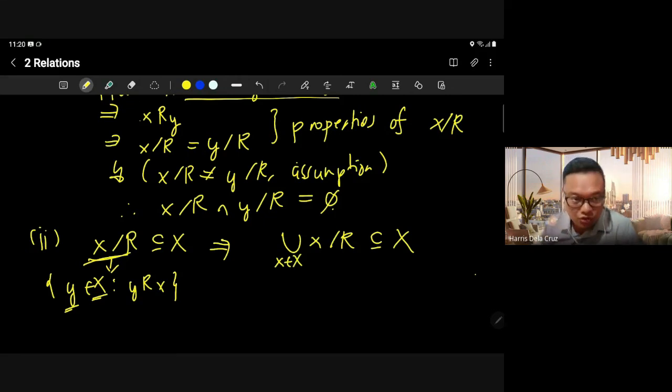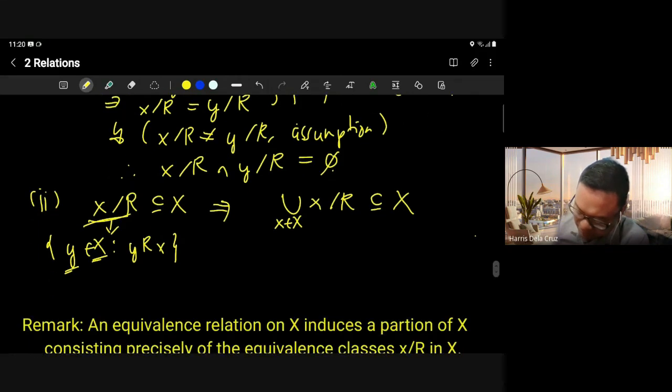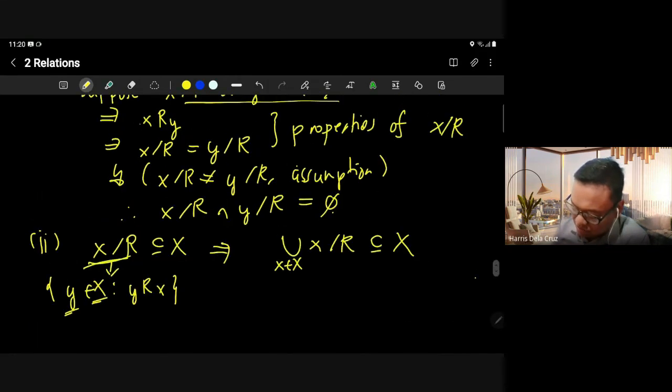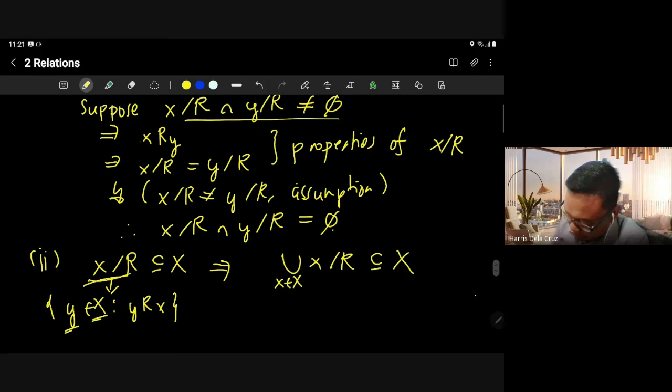So, yung union ng lahat ng equivalence classes, automatic subset siya ni X. There's no question there. Kasi bawat isang equivalence class ay laman ni X. So, pag pinagsama-sama mo lahat yun, syempre, naka-X pa rin yan. So, ang kailangan lang natin ipakita talaga, yung kabaligtaran, na yung X nasa laman din ng union. Okay na tayo sa isang direction, ha? So, yung kabila na lang.